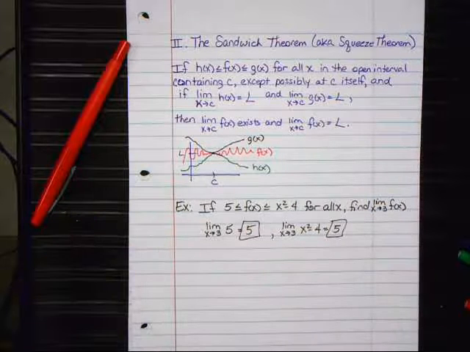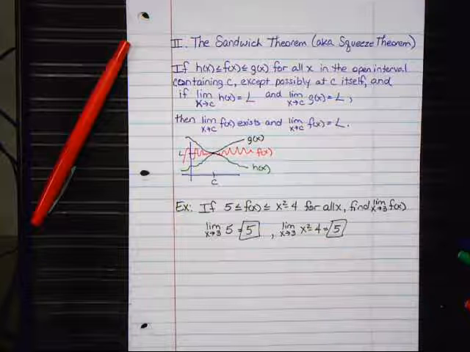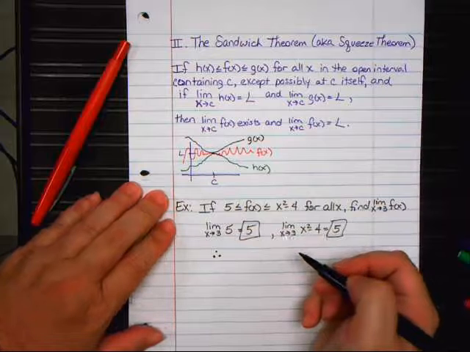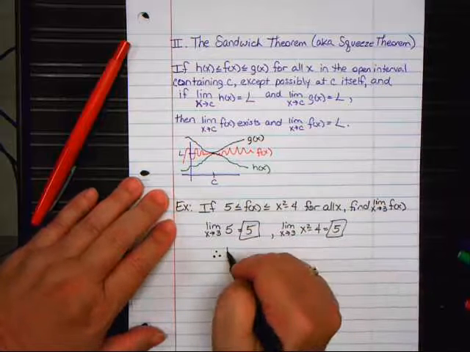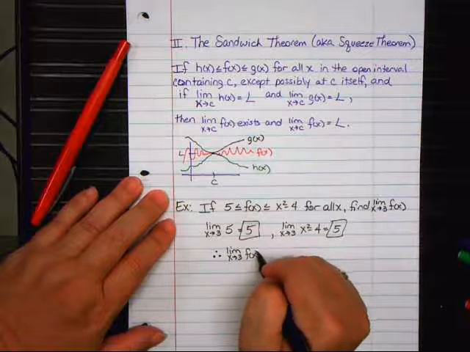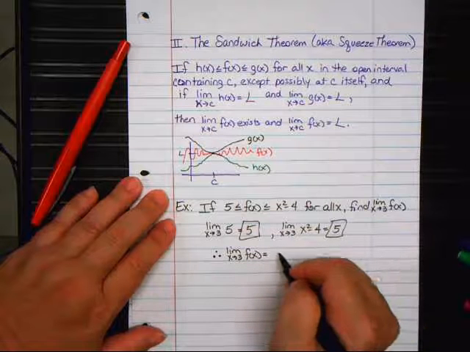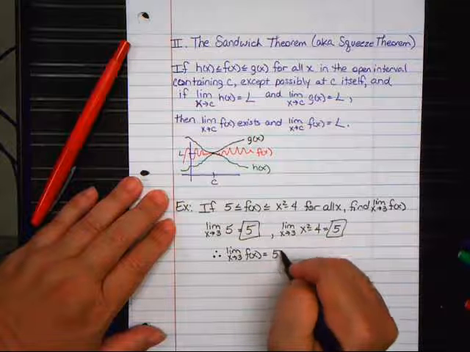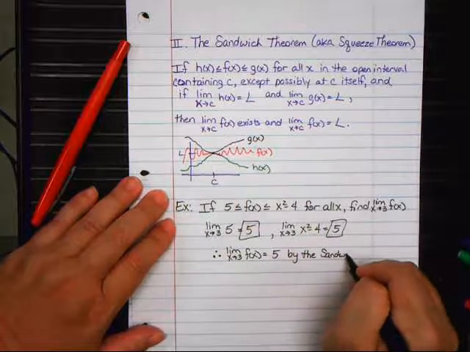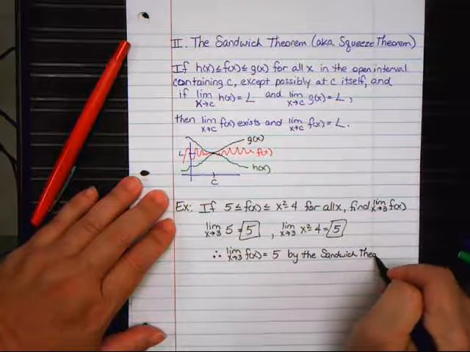So, do we know what the limit's going to be at 3 for f? Yes. So what you write is this, therefore, get used to that because you're going to do that a lot in this class. The limit as x approaches 3 of f of x, the unknown equation, is equal to what? 5 by the sandwich theorem. And you have to write by the sandwich theorem, or by the squeeze theorem, either one.